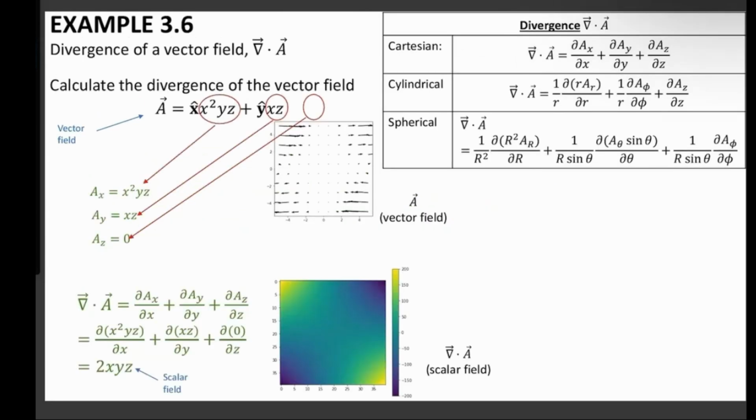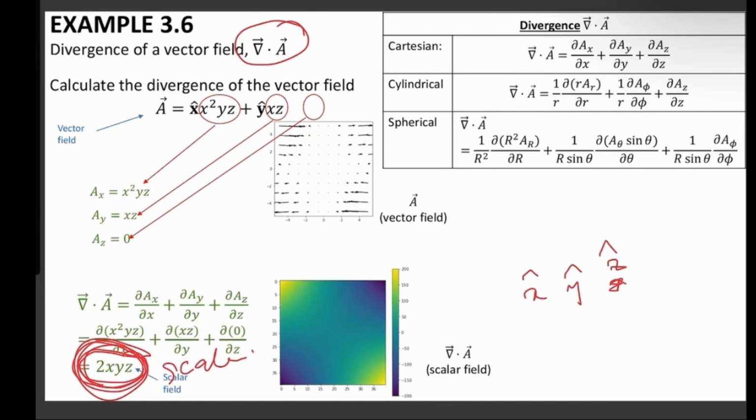For divergence, we just do the dot product, dot here, so the final value is here. The output will be a scalar. You can see that there's no direction, there's no x, y, z, so the unit is scalar only.